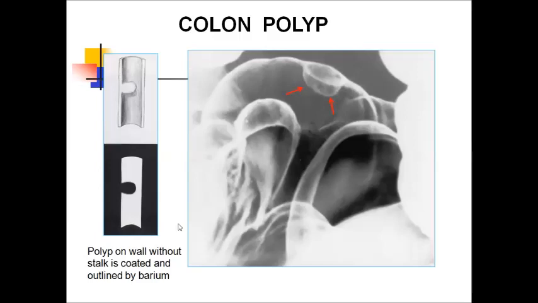Polyps on wall are benign tumors which grow from mucosa into lumen of rectum or colon, and in X-ray examination after enema, these lesions are coated by barium sulfate, are outlined in this way, and show us the location of this pathology.